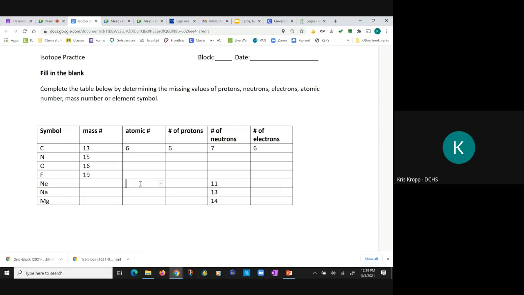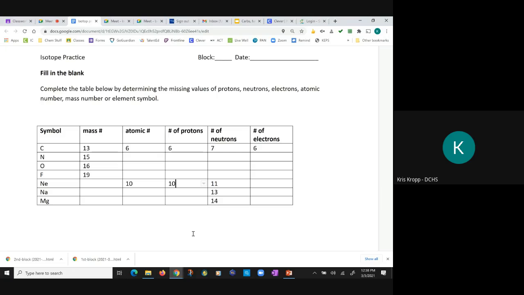Still waiting for somebody to tell me the atomic number of Ne. 10. Jacob, yes. Thank you, buddy. Right on. Got it. Atomic number is 10. Once I know that the atomic number is 10, what other thing or things can I fill in? Olivia says protons. I agree with Olivia.